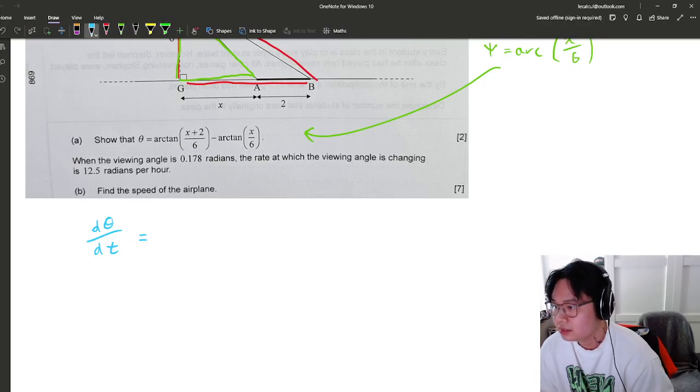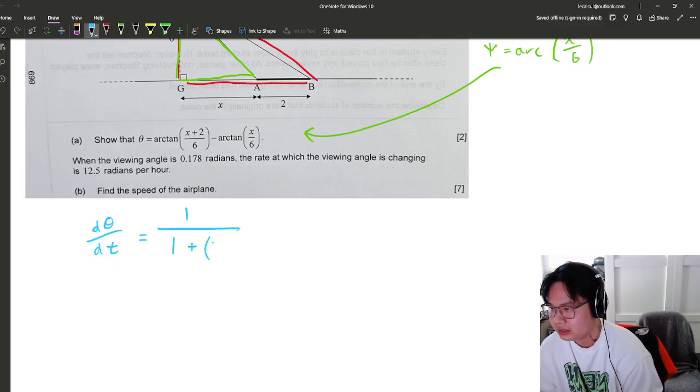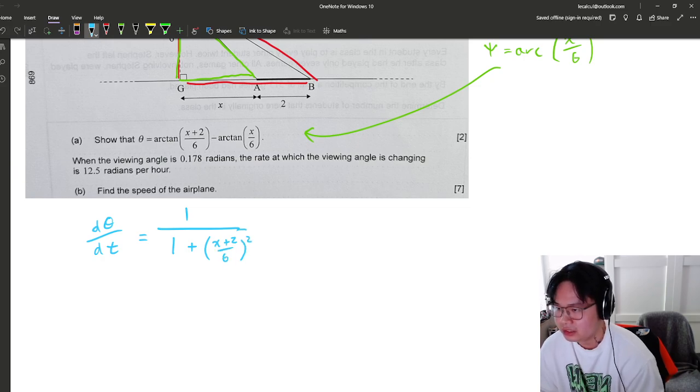Beauty. So 1 over 1 plus x squared. Alright, if we do the chain rule, times dx by dt. There is that chain rule part.